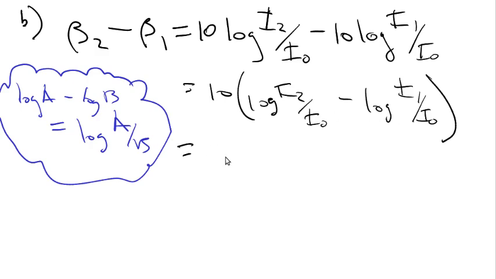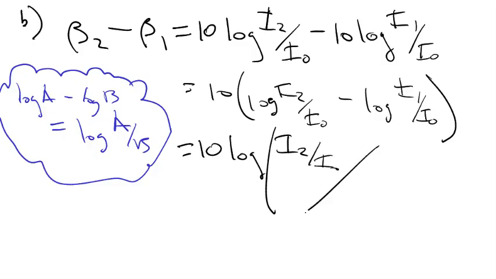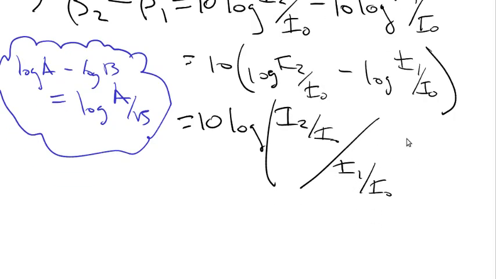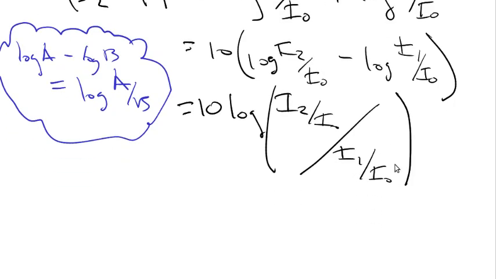So this turns into 10 log the whole thing, I2 over I naught divided by I1 over I naught. Seems like it's maybe a little bit complicated, but this I naught here is some base sound level, but we don't need to know what it is because it divides out.